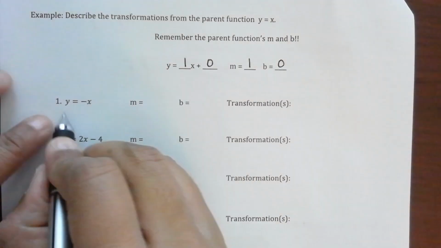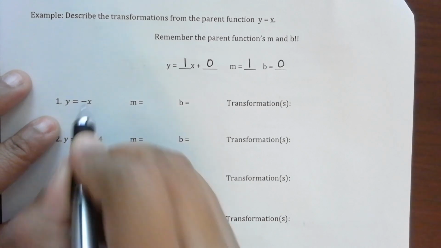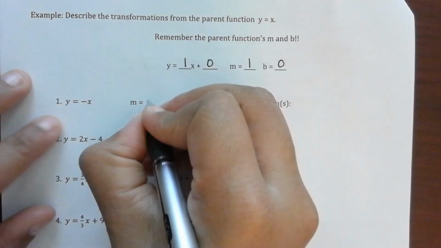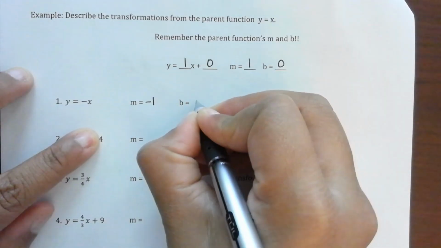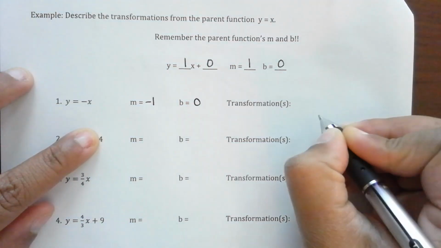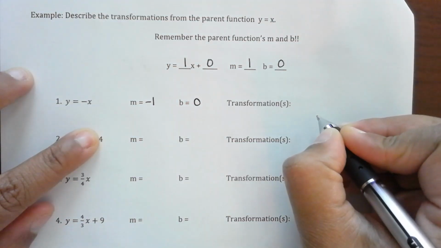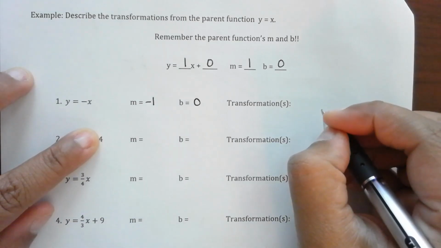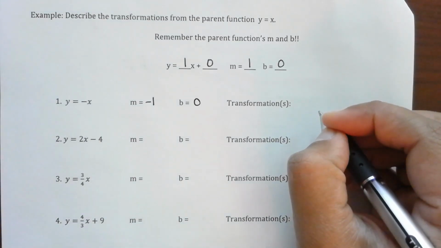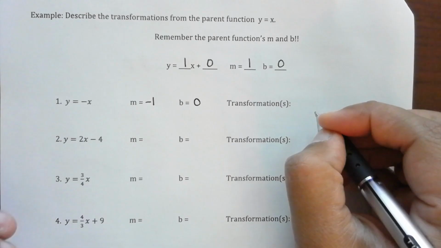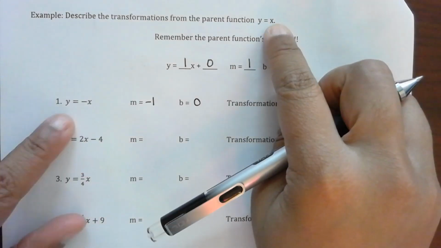So, y equals negative x. M is what? And what's B? 0. So what was the transformation? It was a flip. Go look. What actually changed between the parent function and this one?